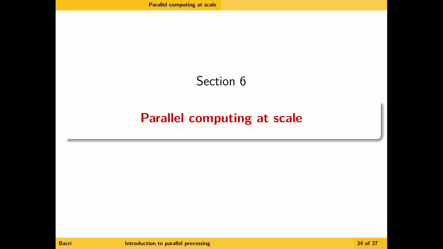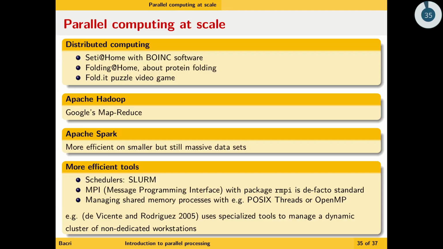And now, if you want to go further into parallel processing, some notable examples of what can be done is through the first mainstream project, which was called the SETI at-home project. The software that you can run it on is called BOINC, for some reason.